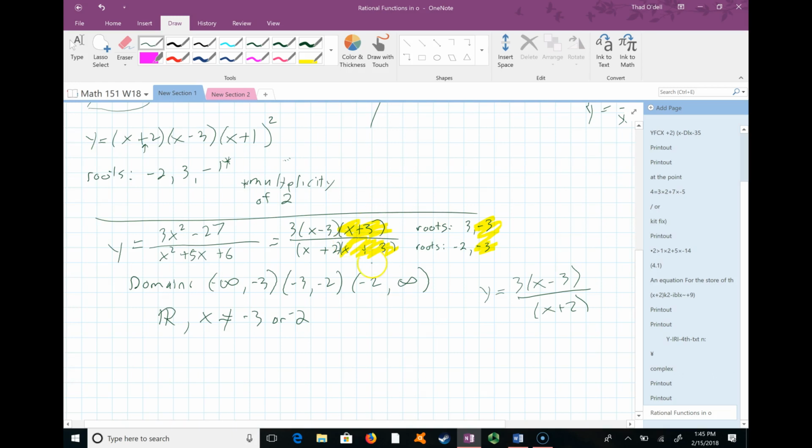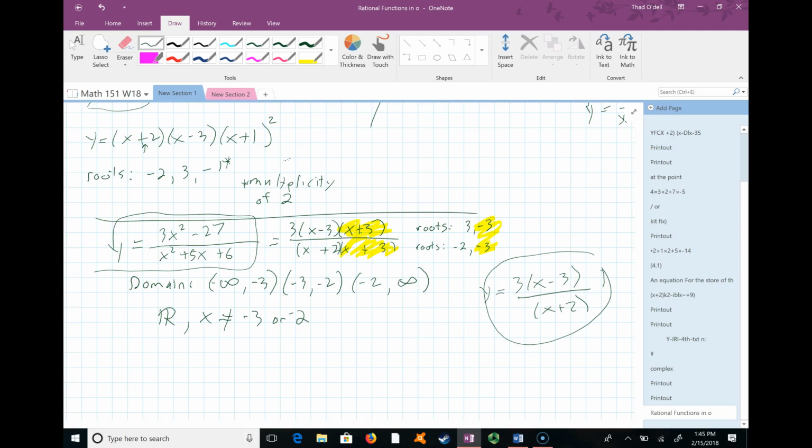Because if the yellow is always 1, it'd be just like having a 1 here, right? 1 times that. So this function and this function are exactly the same everywhere except for at x equals -3. And what happens at x equals -3? It's undefined. So essentially what it does is it produces a hole.